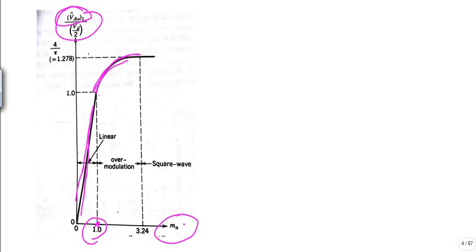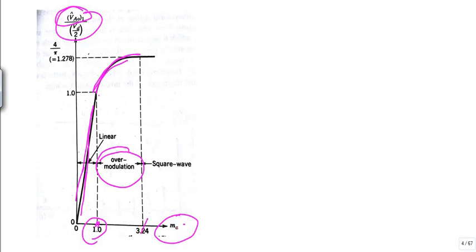So in this figure we can see that if our modulation index is less than 1, then this is actually the peak of the fundamental component of output voltage, which is linearly dependent upon the amplitude modulation index. And this is the case of over modulation, when this MA is more than unity. So this is the over modulation case.